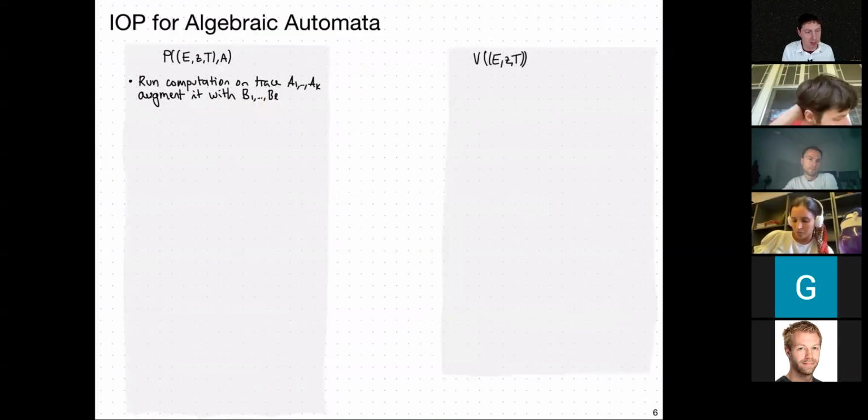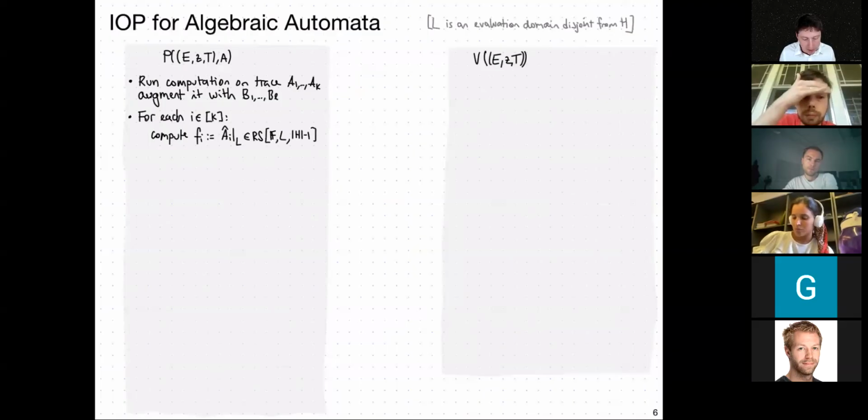This gives you auxiliary registers through time. Then it low degree extends and evaluates each of the registers on L, and gets some function F1. F1 is the low degree extension of register 1, F2 is the low degree extension of register 2, and so on and so forth. All of them are evaluated over L.